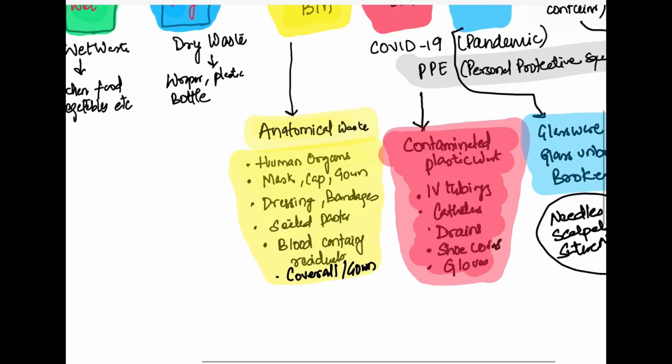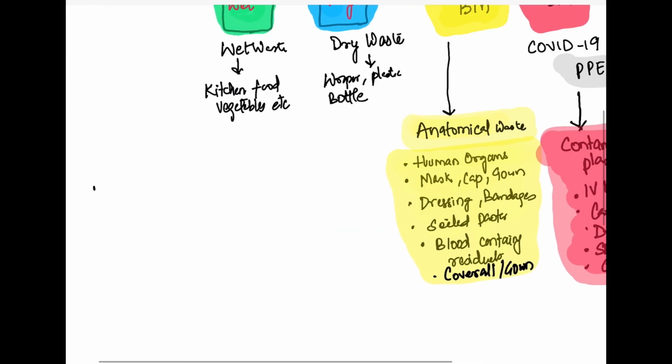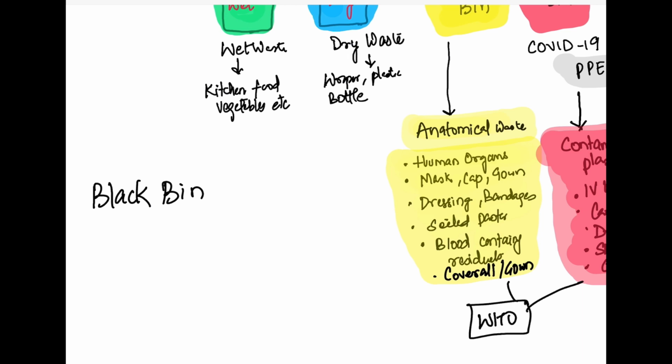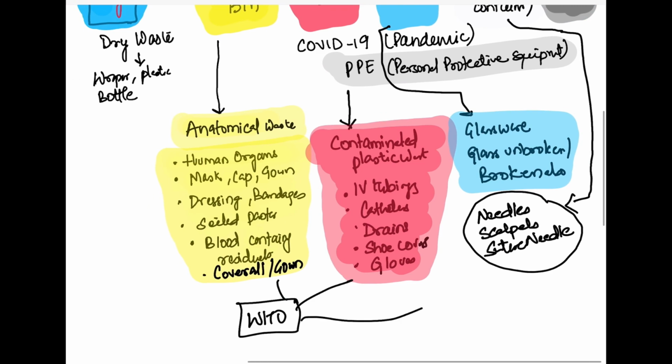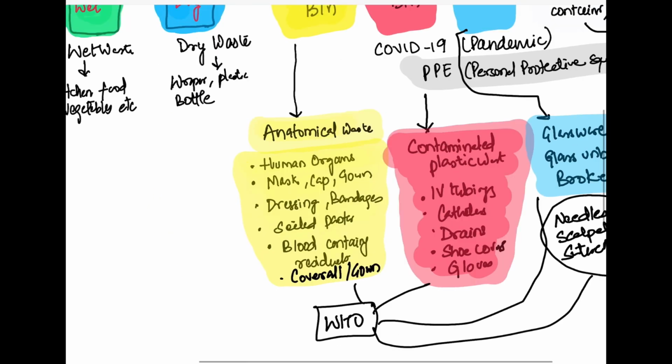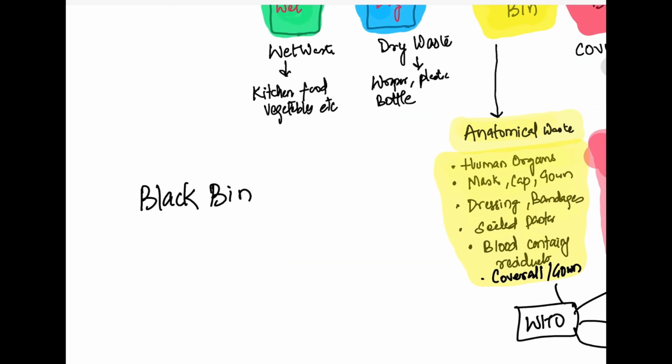Now let me take you to the black bin. I mention it because according to the WHO, we have talked about these 4 bins. Let's talk about the black bin, very important.